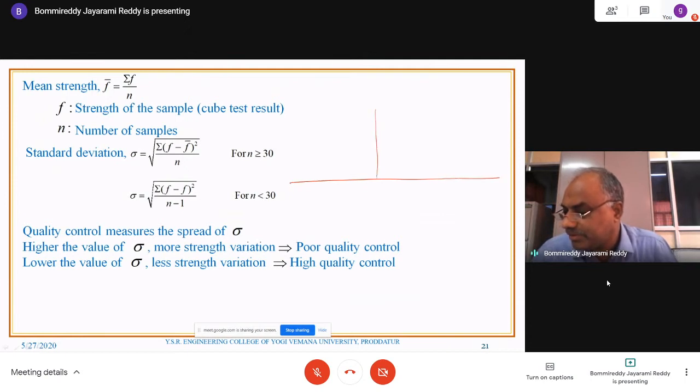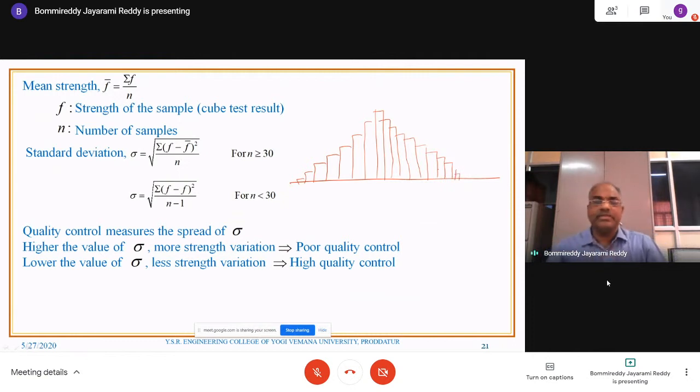Say for example, this is one particular strength, this is another strength. Like that, when the largest number of samples are tested, the results will come like this.